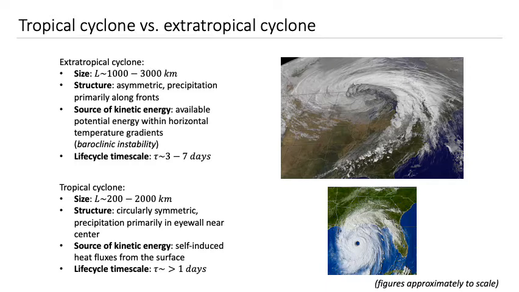You don't have frontal features in a tropical cyclone, nor strong temperature gradients, at least focused into linear bands like you do in extratropical cyclones. The source of kinetic energy is self-induced heat fluxes from the surface, which we'll be going through in detail in this lecture. The life cycle timescale is anything greater than a day. In theory, a tropical cyclone, if given the right conditions, could last forever, or effectively forever. So that's one significant contrast from the extratropical cyclone.